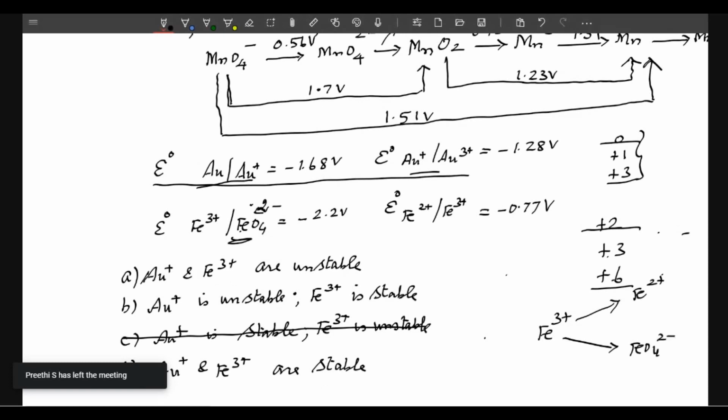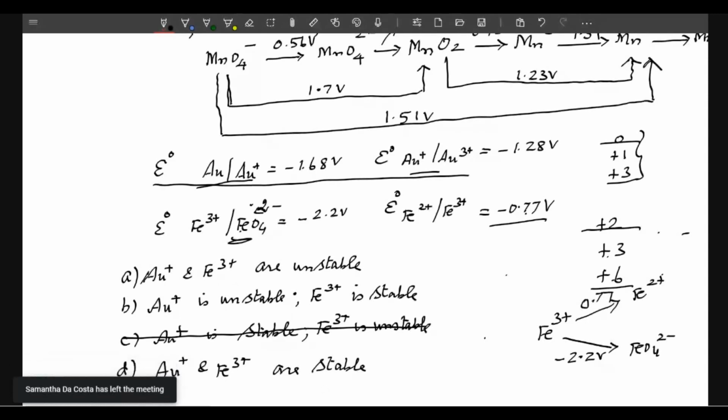You are in need of oxidation potential. The oxidation potential is given as minus 2.2 volt. You are in need of the reduction potential, but here it is given as the oxidation potential. Change into reduction potential and sum these two potentials.